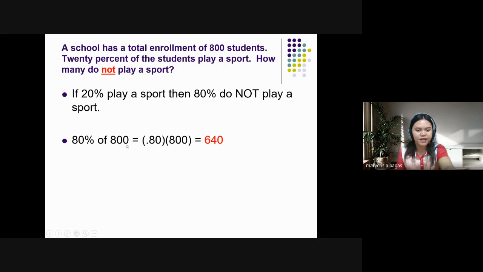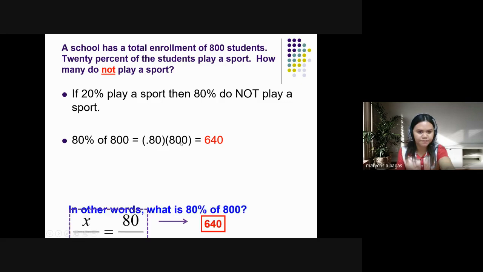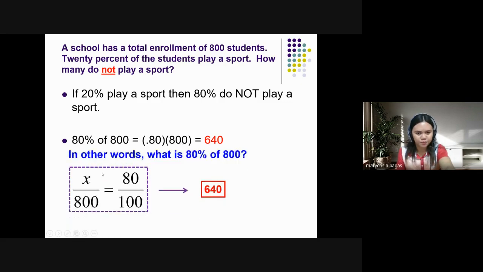80% of 800. If we do it like this, our base is 800. Okay, let's solve.